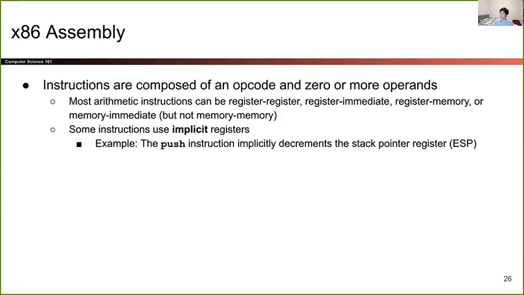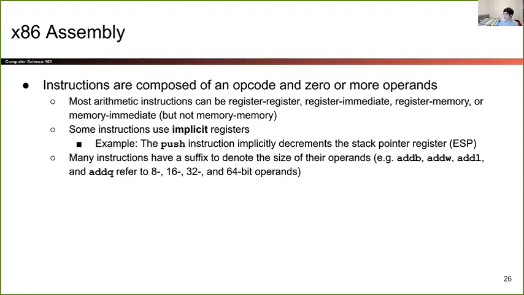The push instruction will push something onto the stack. So in order to push something on the stack, what we need to do is move the stack pointer down so we have more space on the stack, and then we need to store a value onto the stack. So even though we're not specifying the ESP register in the push instruction itself, the push instruction will still change the ESP. The ESP is implicitly referenced by the push instruction.